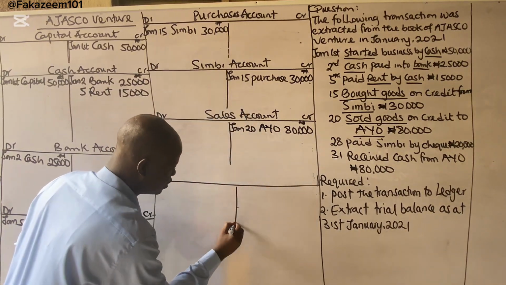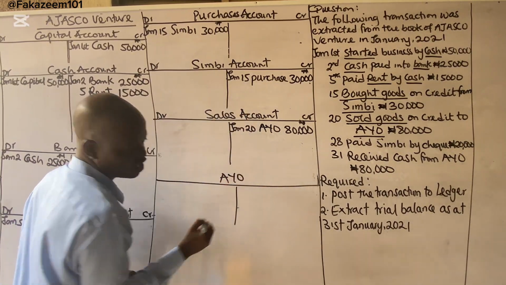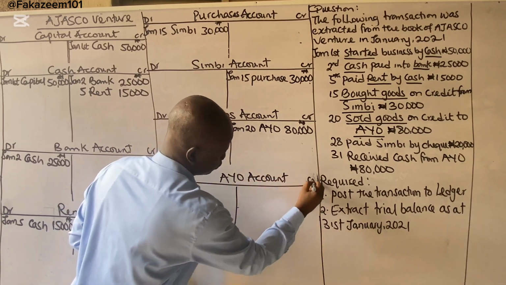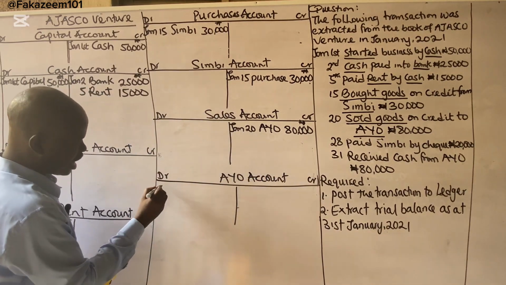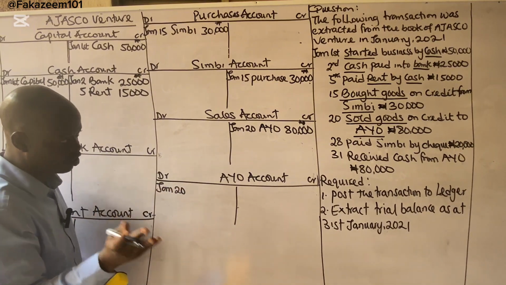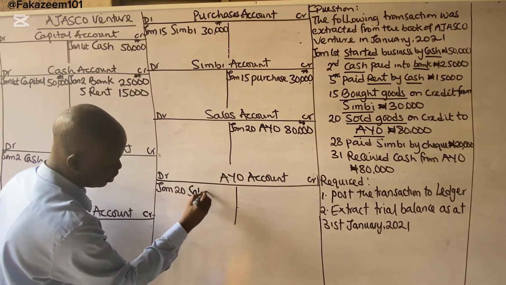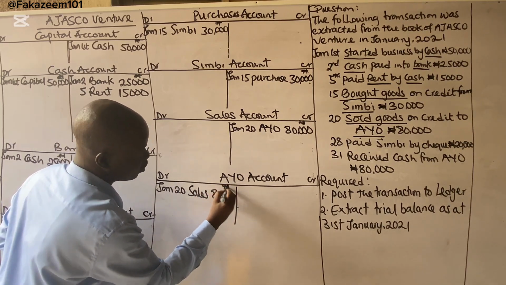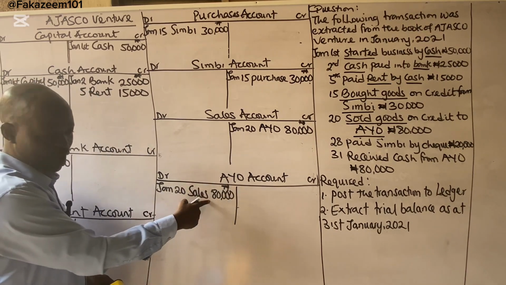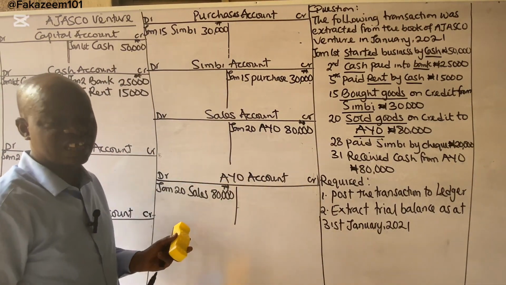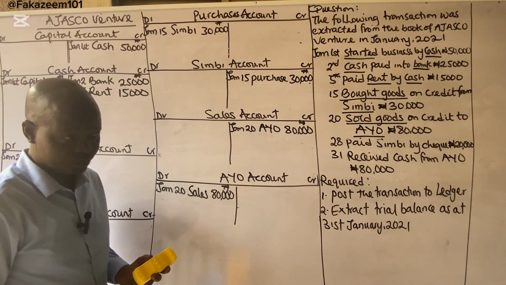Who are we going to debit? The person that received the goods, which is Ayo, and we'll call this Ayo account. Debit Ayo for receiving goods on credit. Our particular will be 80,000 naira. For every debit entry to Ayo, there must be a corresponding credit entry. Transactions are to be recorded twice.